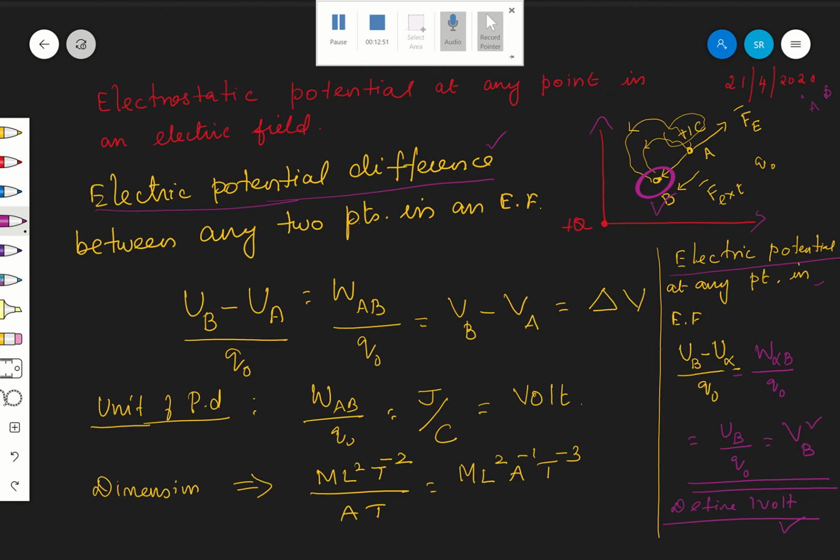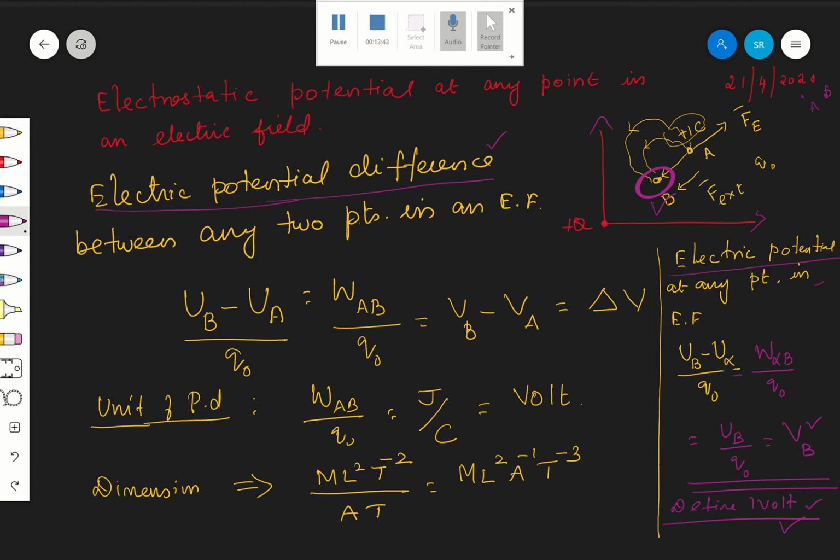The electrostatic potential at any point is said to be 1 volt when 1 joule of work is done by an external force in moving a unit positive charge from infinity to that point without acceleration.